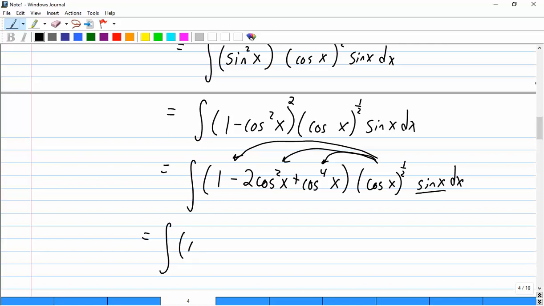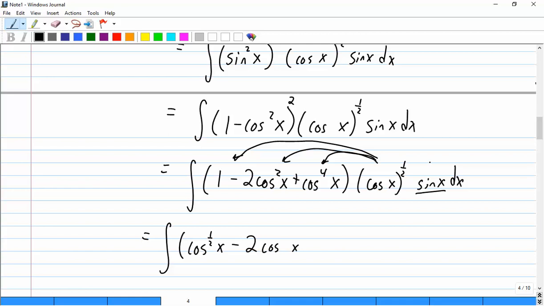So that's going to be cosine of x to the 1/2 minus 2 cosine of x to the, how do I do that? I don't say 2 times 1/2. I have to say 2 plus 1/2. That's what you do when you multiply like terms with powers: you add the powers.